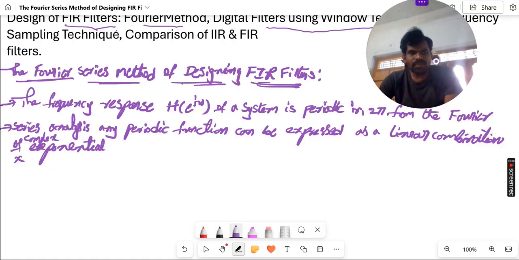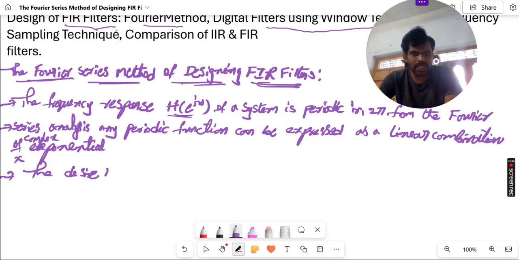Therefore, the desired frequency response of a filter can be expressed as follows. We know that a frequency response is represented by H of e power j omega. The desired frequency response of a filter is represented by H suffix d of e power j omega.